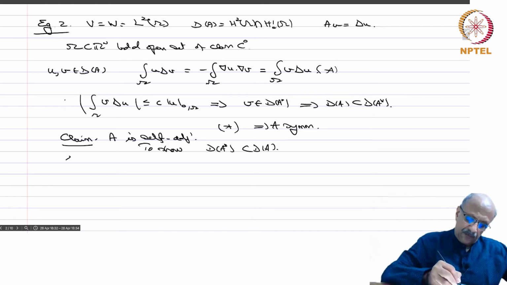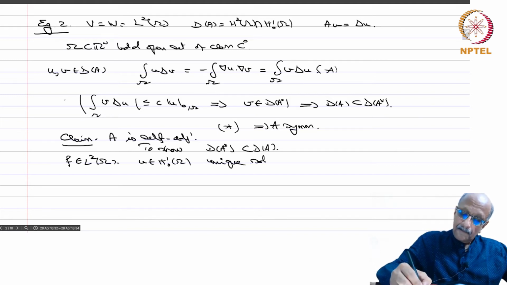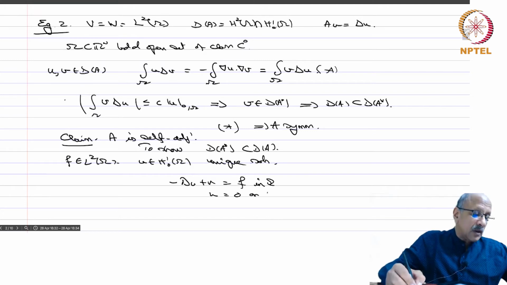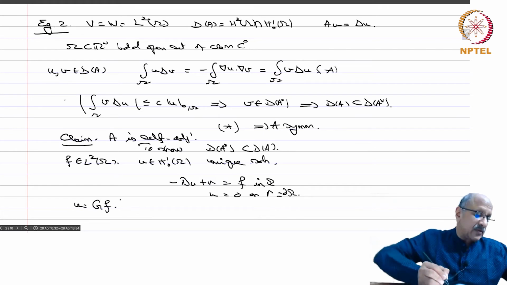Okay, so let f belong to L2 of omega. There is a unique solution u in H1_0 of omega of minus Laplacian u plus u equals f in omega and u equal to 0 on gamma, which is the boundary of omega. Okay, so you denote it as usual as G of f.